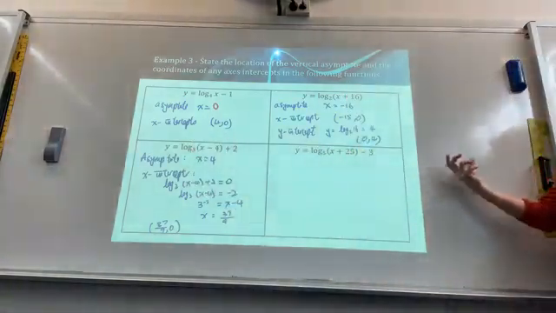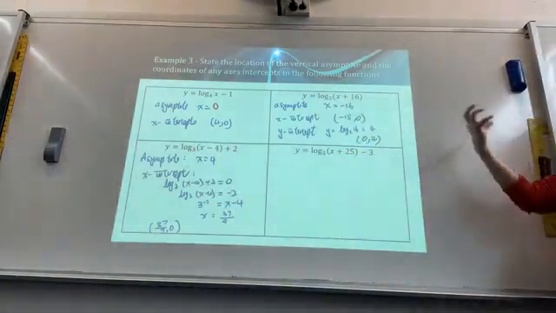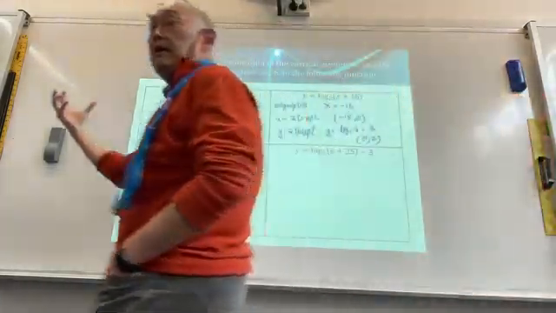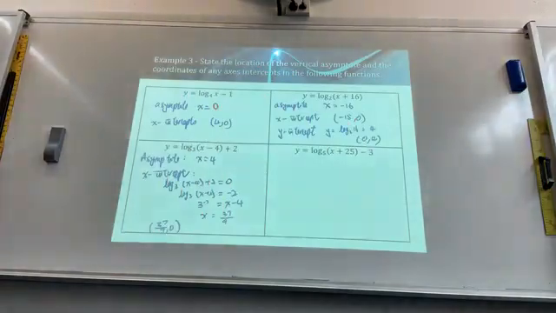If you move to the right, there will not be a y-intercept, but if you move to the left, there will be. So be very careful. Just look at what the transformation is. There's a y-intercept for the third one as well, isn't there? No, that's not because we are moving to the right. Oh yeah, moving to the right, so there's no y-intercept.